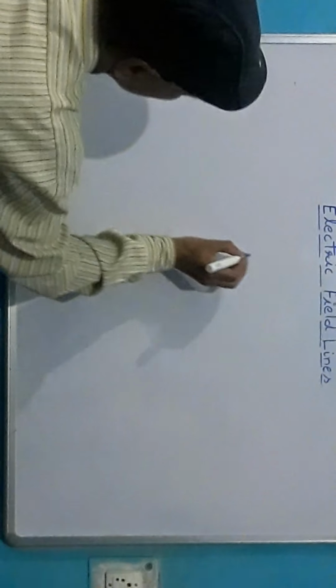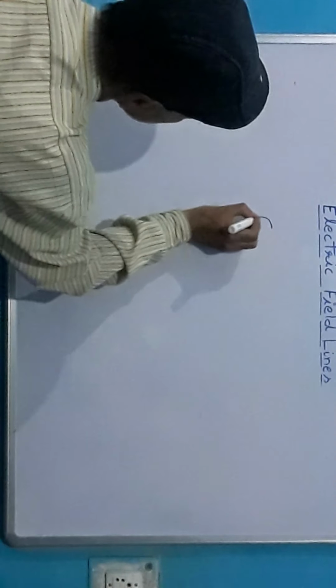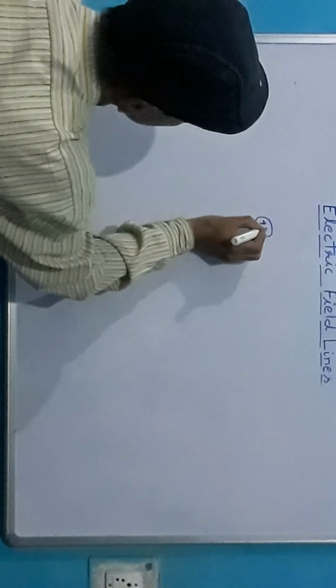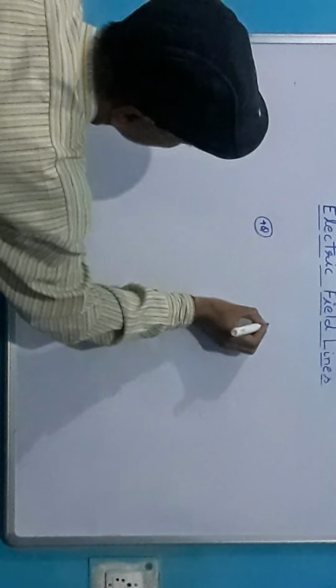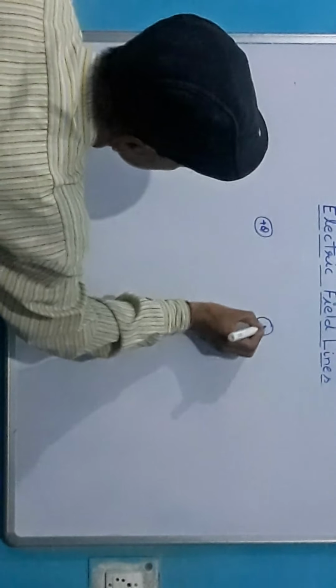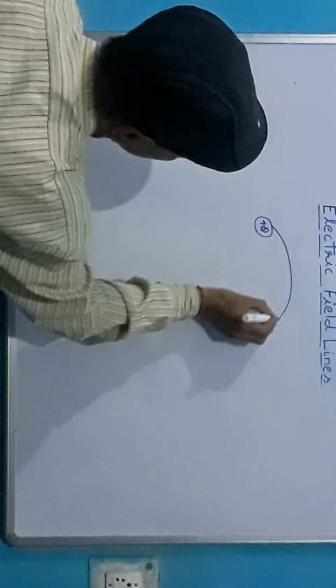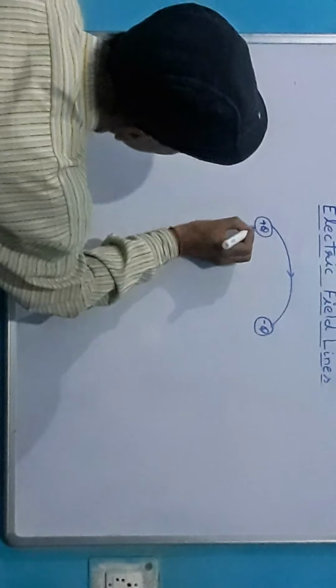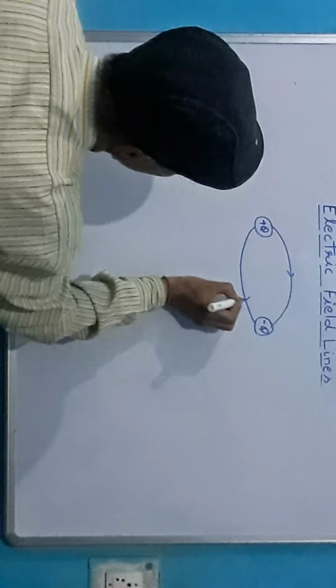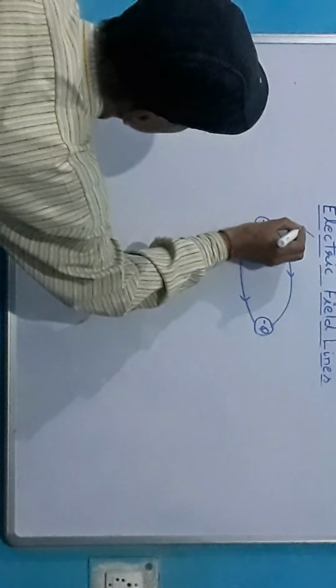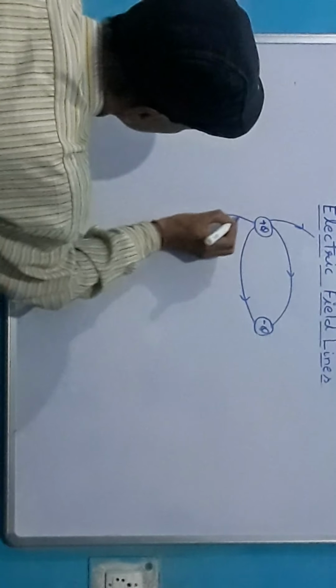If I have two point charges plus q and minus q, separated by a small distance between them, suppose this is plus q and this charge is minus q. So electric field lines will be like this. They will start from positive charge and they will end at negative charge, like this.